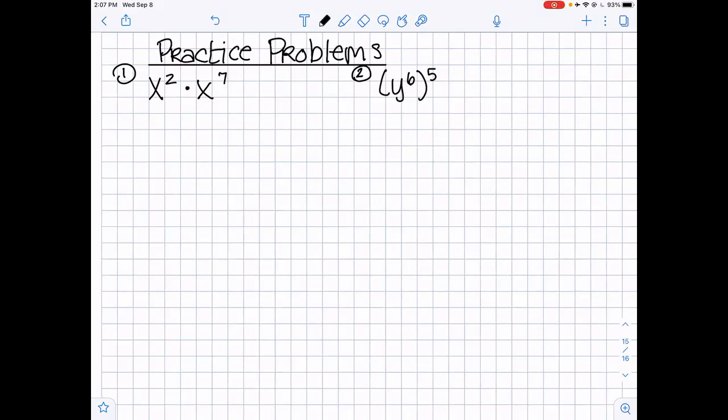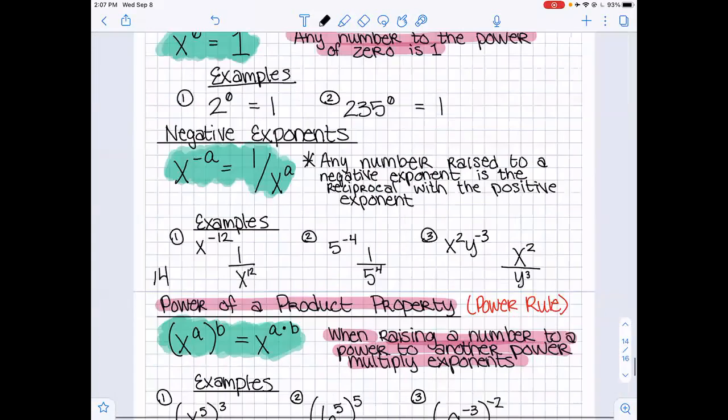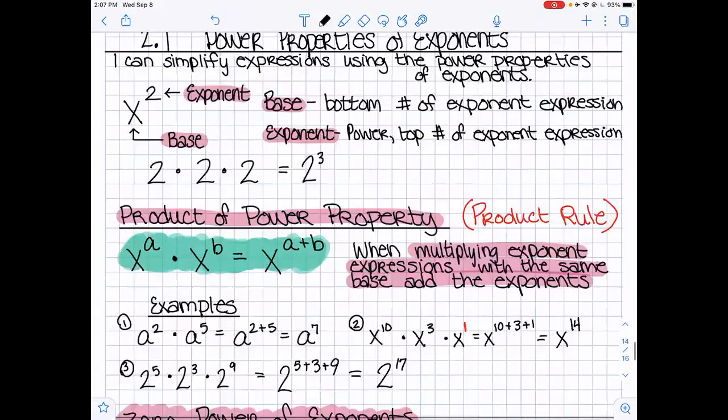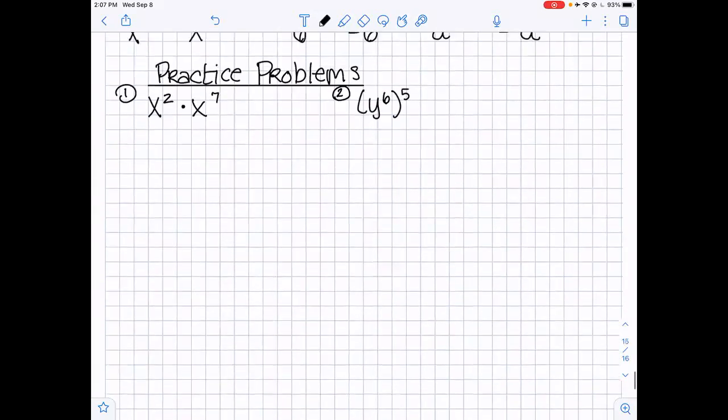All right, yesterday, in the notes that you took, we talked about a product of a power property. That said, when you're multiplying things that have the same base, we add the exponents. So, on this first example, we should have added x to the 2 plus 7 and got x to the 9.